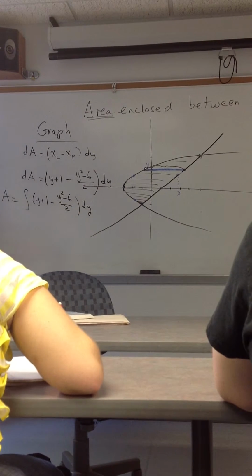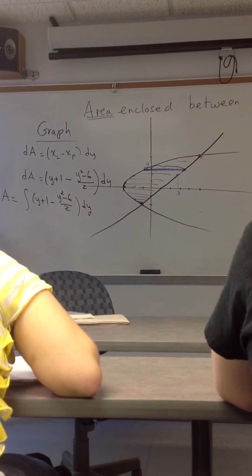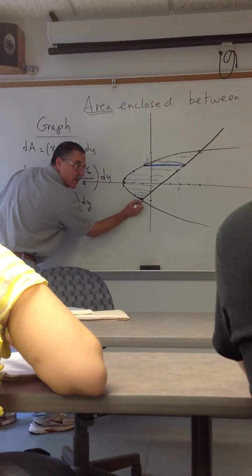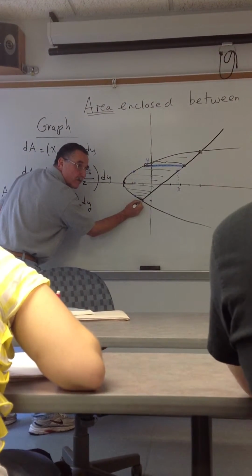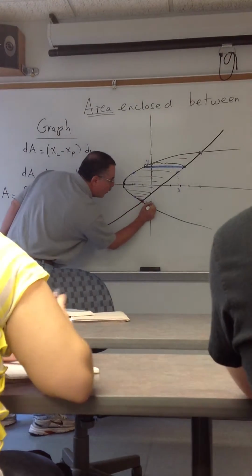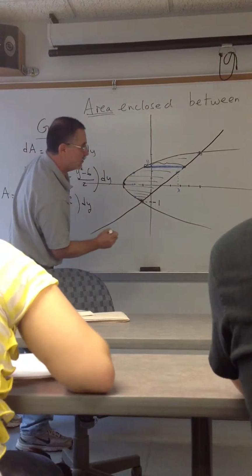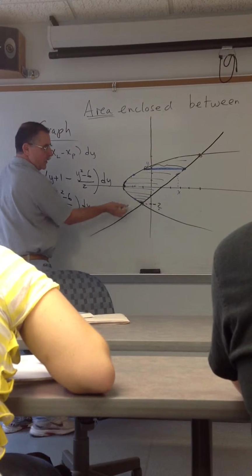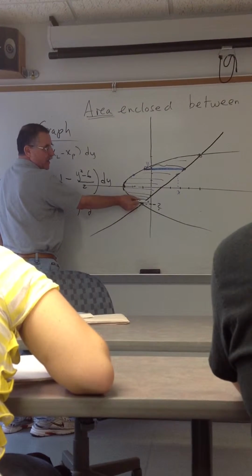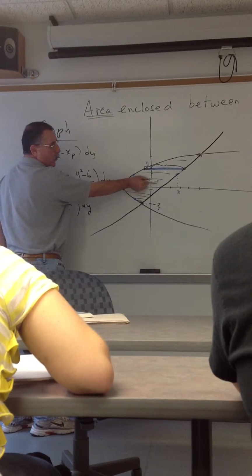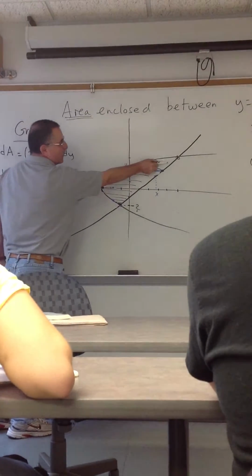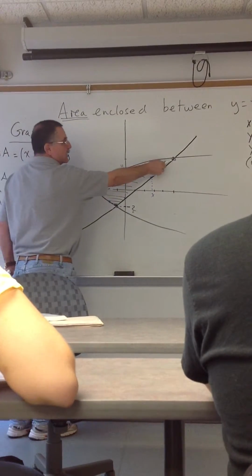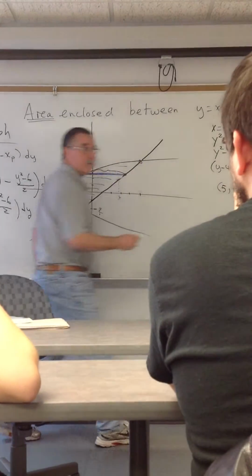And now where are we going to be adding these slices from what to what? The first slice is positioned right here at this point of intersection, and that's when y is minus 2. And then you add them until y reaches the y coordinate of that second point of intersection, which we said is 4.